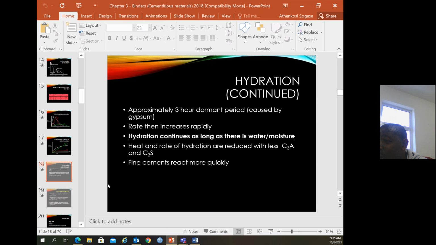Therefore, it will react more quickly when mixed with water.